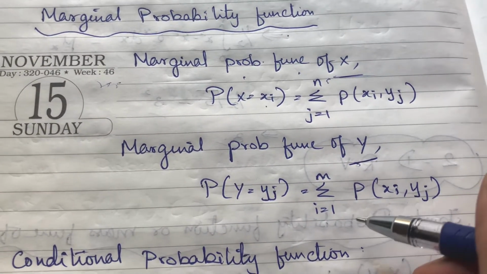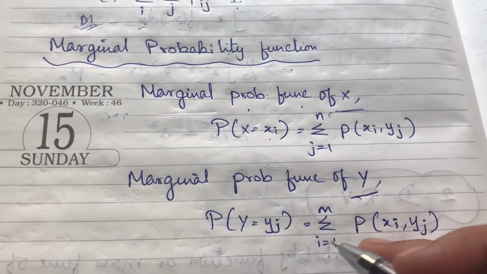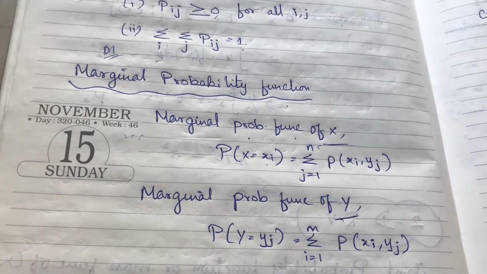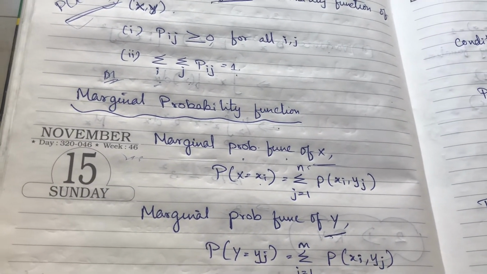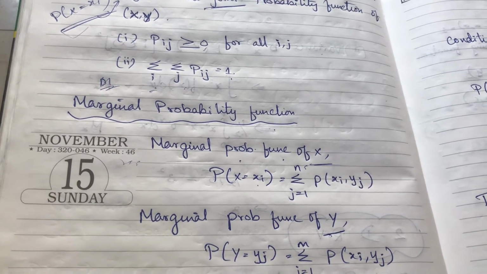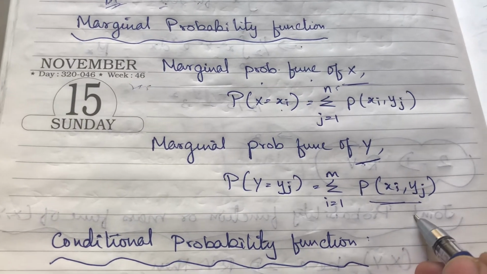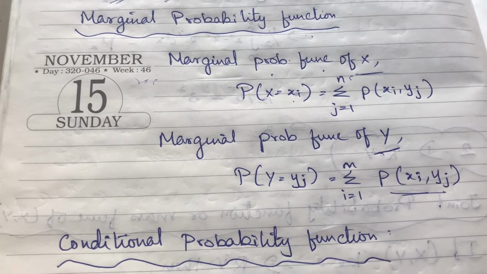So for y, we need to sum over the other variable, right? So y equal to yj, which is equal to the summation of P of xi yj. So you can see here P of xi and yj. So these are the two functions for x and y.